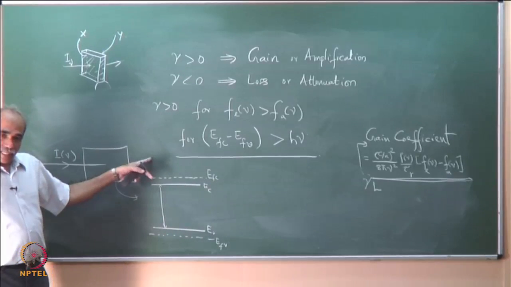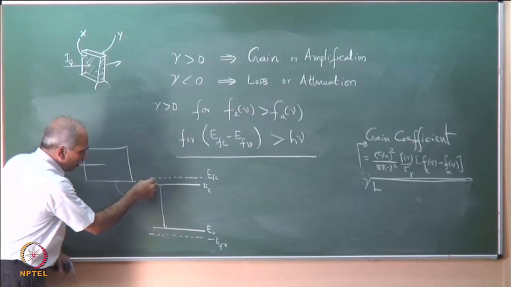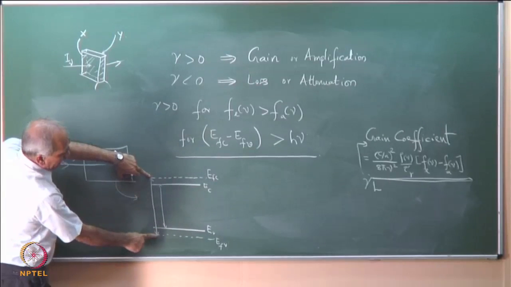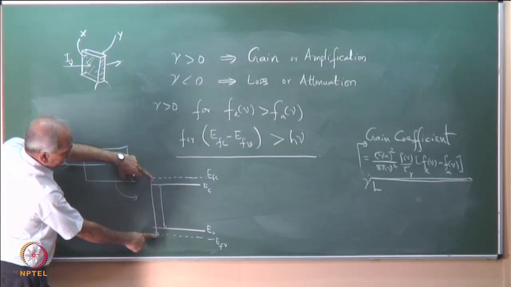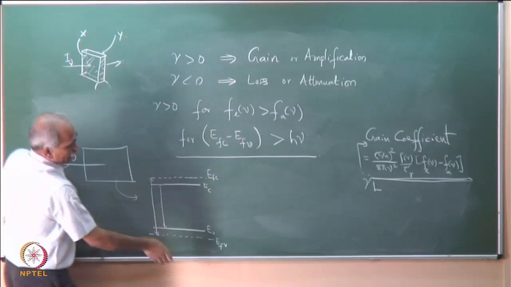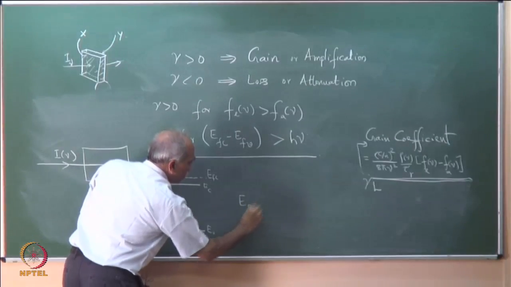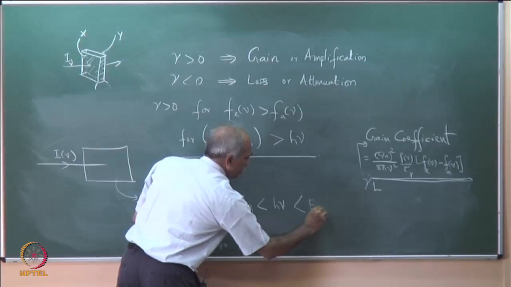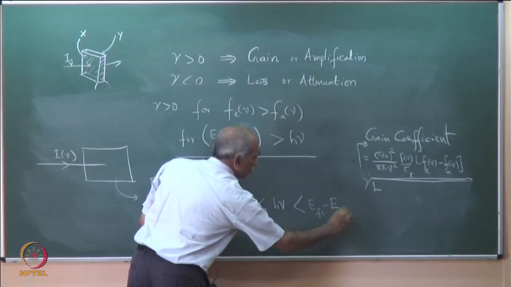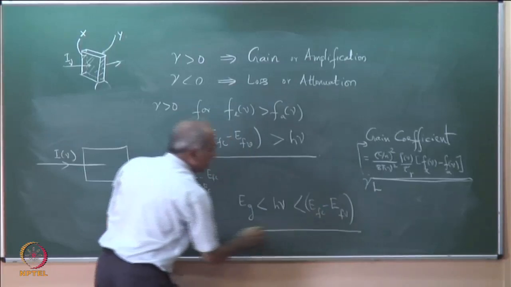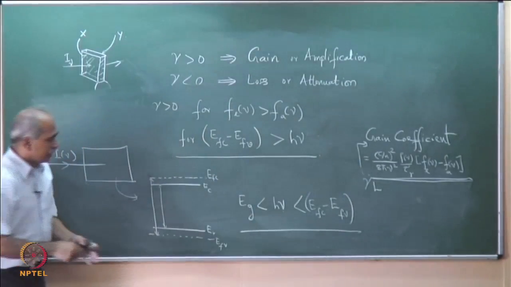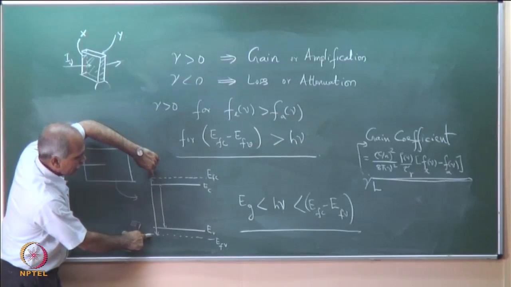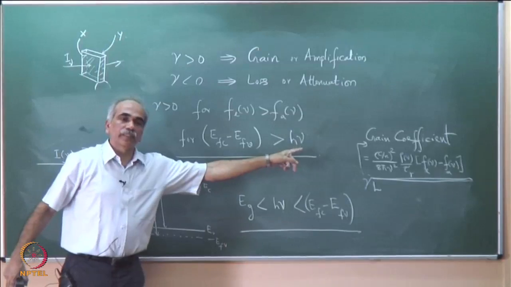For all values of h nu between E g, that is, E g less than h nu less than E f c minus E f v, for all frequencies nu such that E g less than h nu less than E f c minus E f v, we have this condition satisfied.